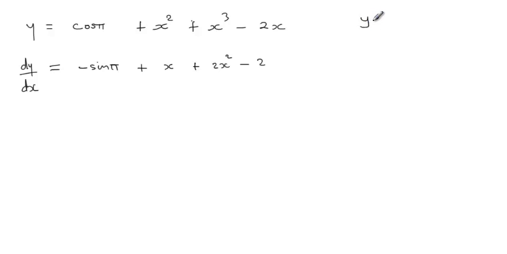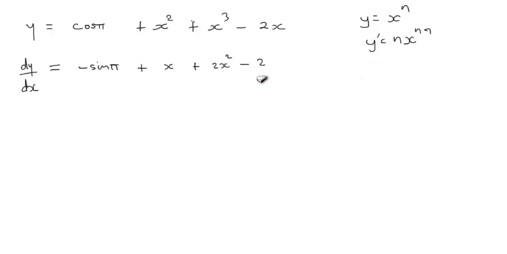I don't know what's happening here. I think all of us have to have this in mind: the derivative of x to the n is n x to the n minus 1, and also the derivatives of sine and cos. So, okay, actually let me tell you something.